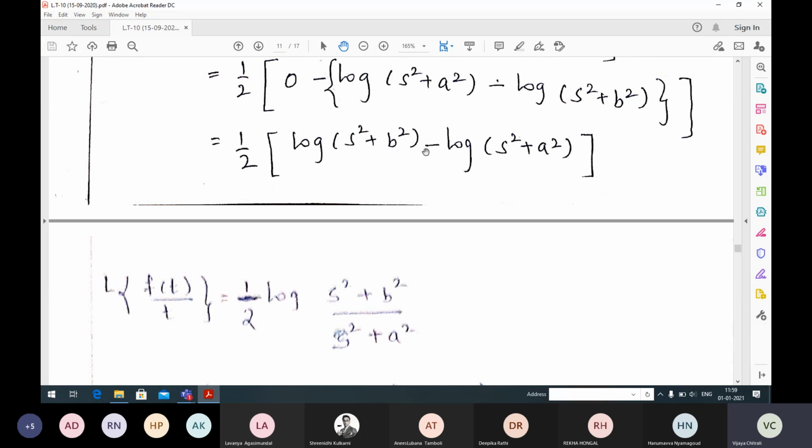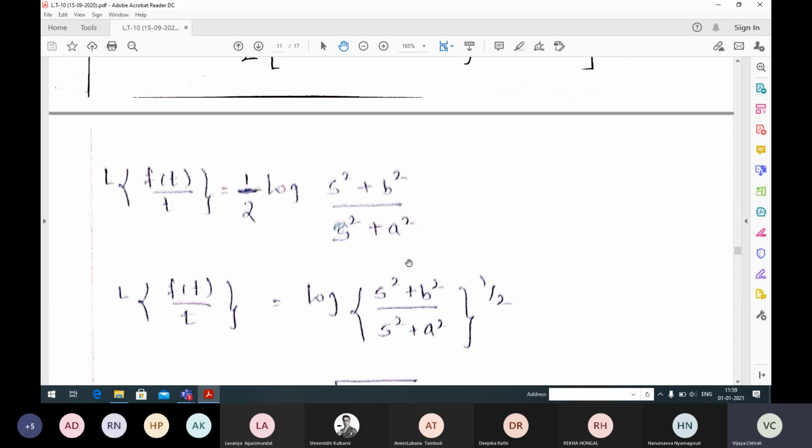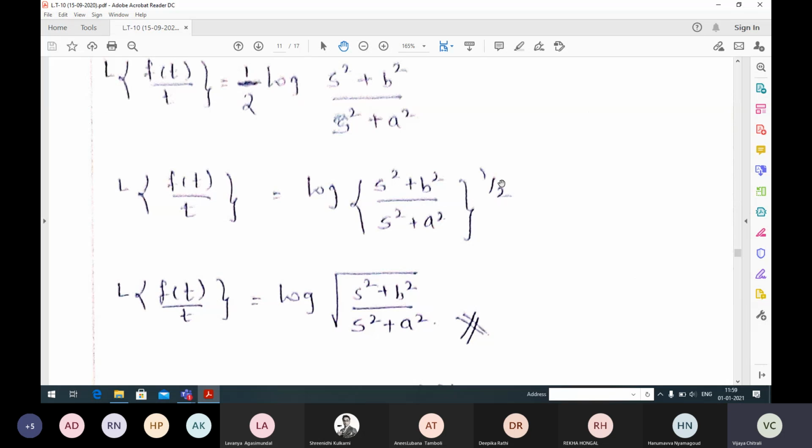Why? Log m minus log n is log m by n. So 1 by 2, we can write this as log of s square plus b square divided by s square plus a square raised to 1 by 2. Why? Because n log a will be log a raised to n. So 1 by 2 means we can write this as log of square root of s square plus b square divided by s square plus a square.